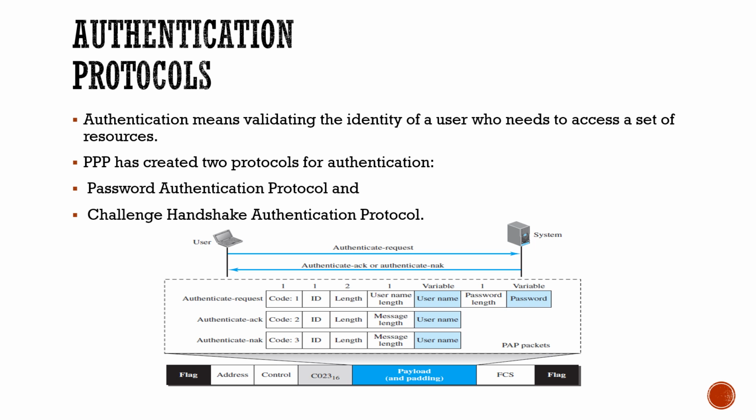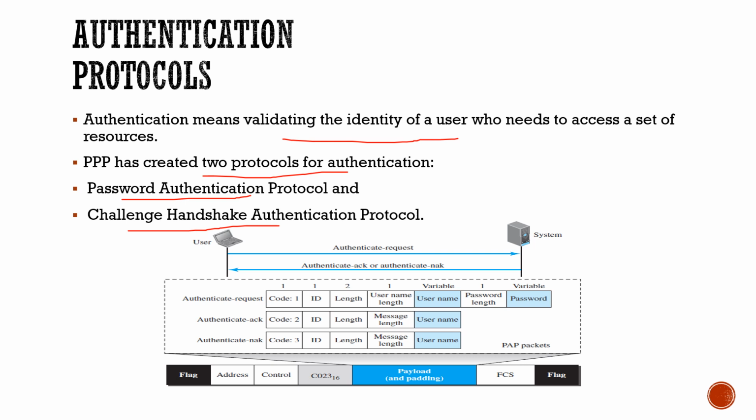Next is the authentication protocol. The authentication protocol is mainly used for validating the identity of the user. In PPP we have two protocols for authentication. One is the Password Authentication Protocol and the other one is the Challenge Handshake Authentication Protocol.